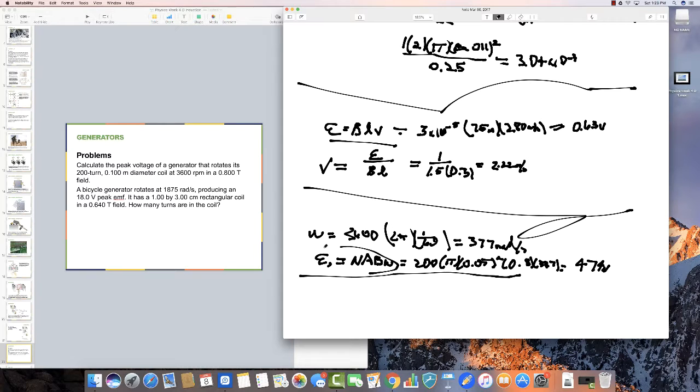Now all you have to do is take this formula and solve it for N. And N is going to equal E divided by A, B, omega. And so E is now equal to 18. The area is 1 by 3 centimeters, or 0.01 by 0.03 meters, which if you do the math here, equals 0.0003 square meters.